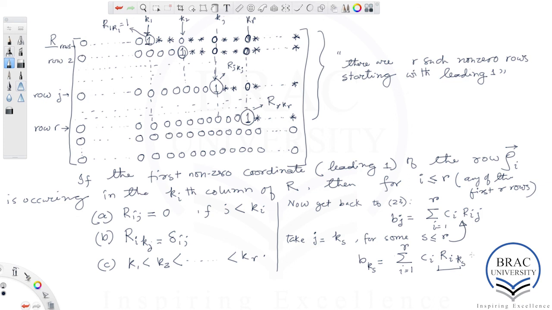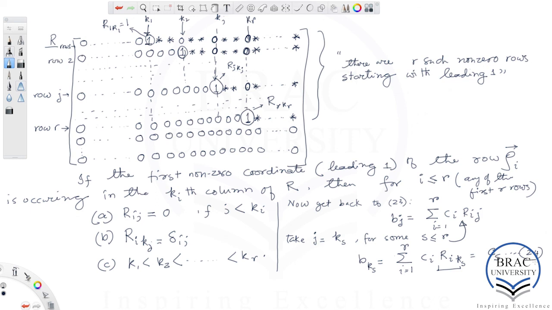So when i is s, this is 1, and this is just C sub s. That's the only contribution. Elsewhere it's 0. So C sub s multiplied with 1 is just C sub s. This is equation number 24.